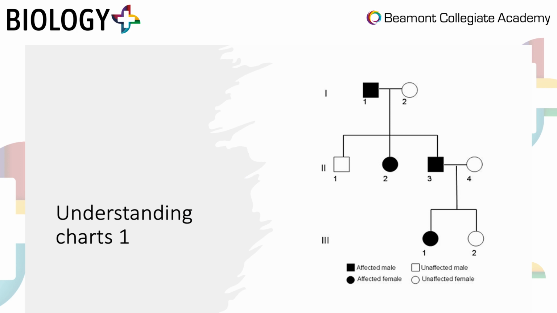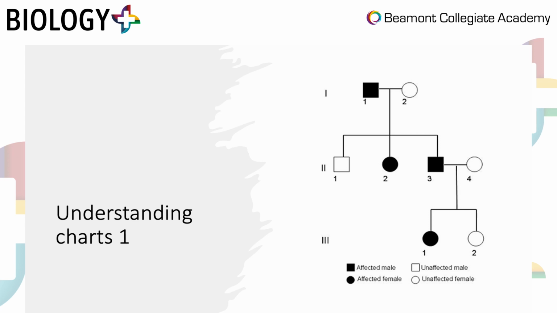Understanding charts 1. Okay, nice basic pedigree chart here. As you can see, we have people represented as squares and circles. Males are represented as squares, females as circles.